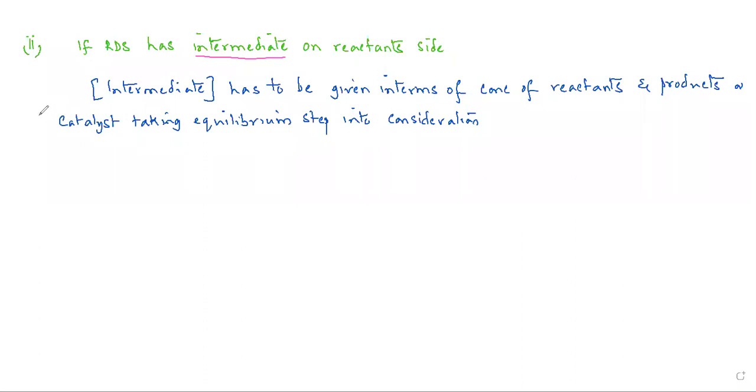So, the order, the rate law can be known only after writing the concentration of the intermediate in terms of the reactants and products. But remember, in simple terms, what I can say is the rate determining step may not have all the reactants. So that is how we can identify.